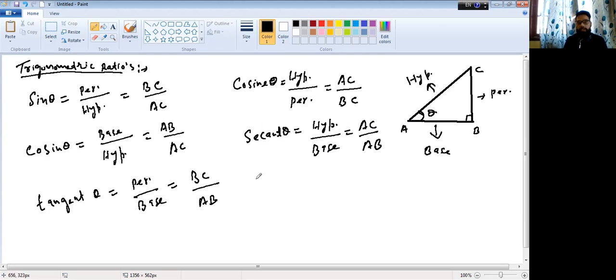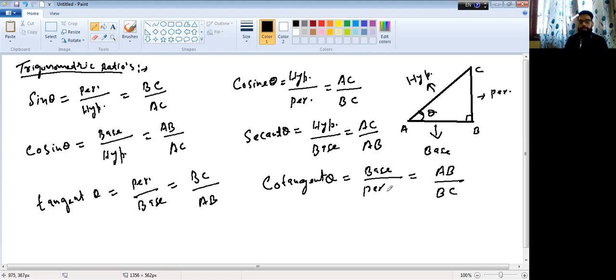Last of the trigonometric ratios is cotangent of theta, which is equal to base divided by perpendicular. So its value will be AB divided by perpendicular, that is BC.